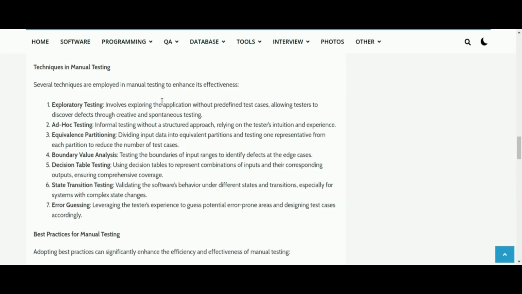Next, what is boundary value analysis? Testing the boundaries of input ranges to identify defects at the edge cases.